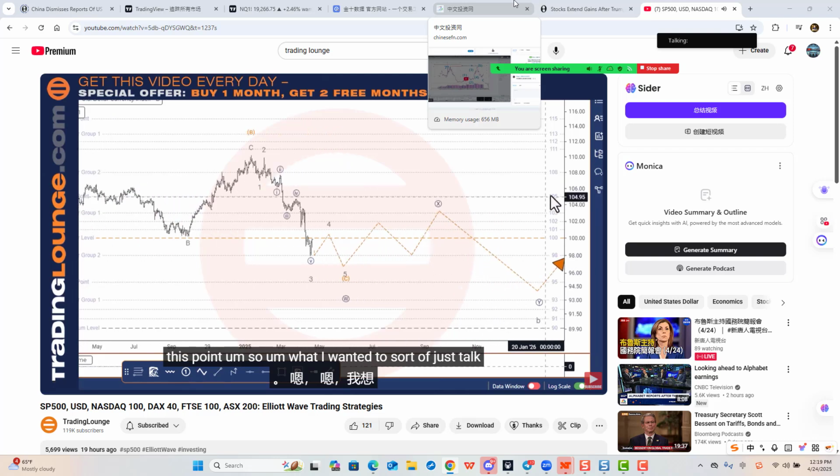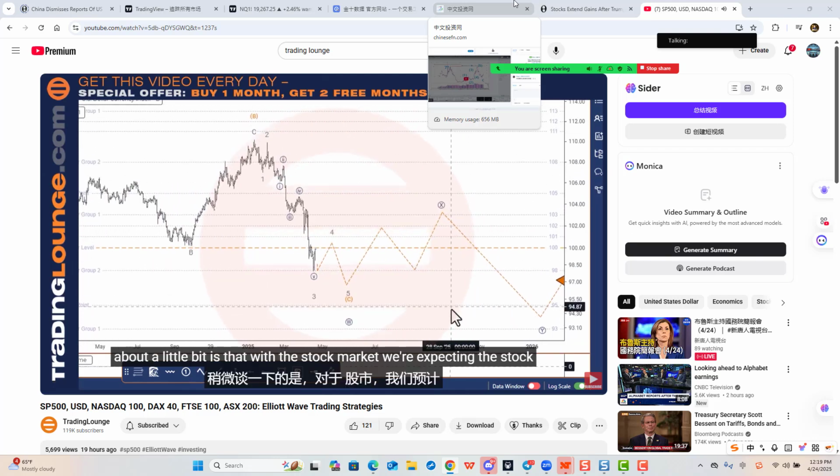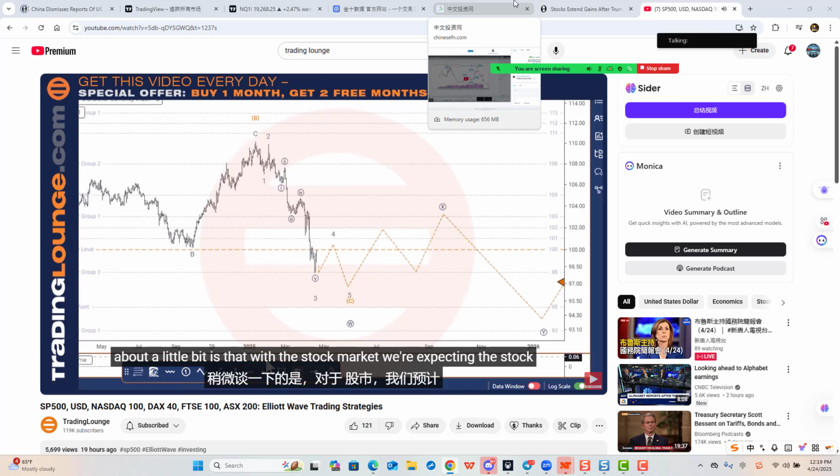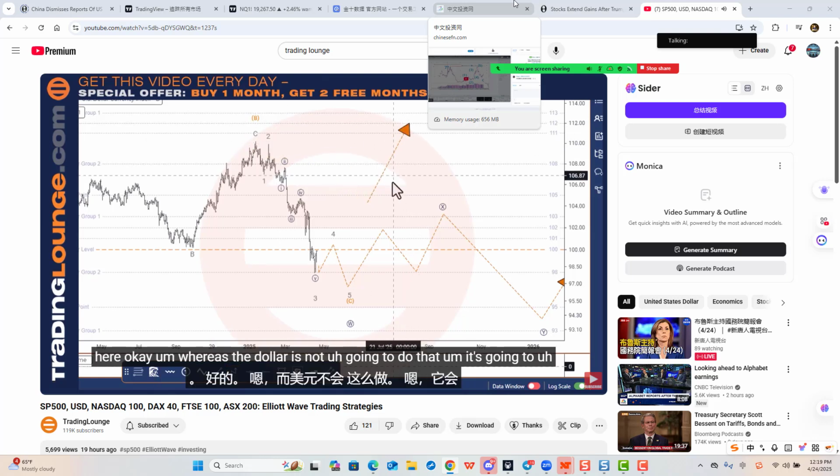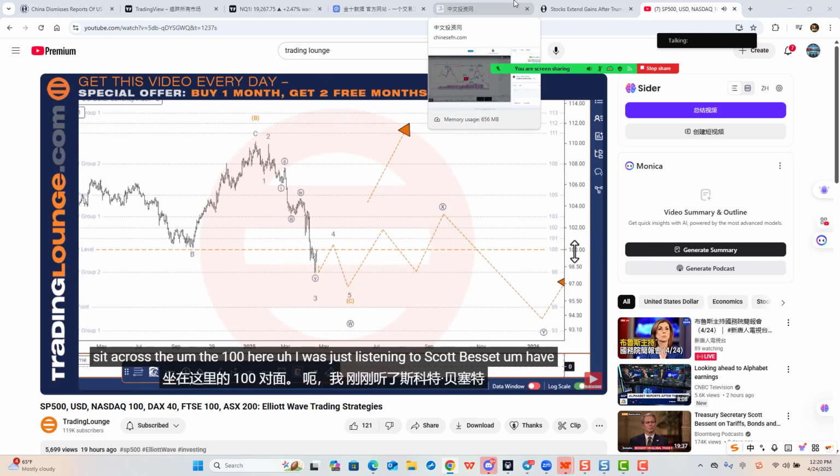With the stock market, we're expecting it to basically make a new high above the previous high, the January high, okay? Whereas the dollar is not going to do that. It's going to sit across the 100 here.